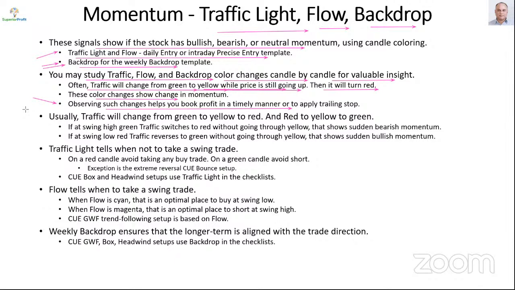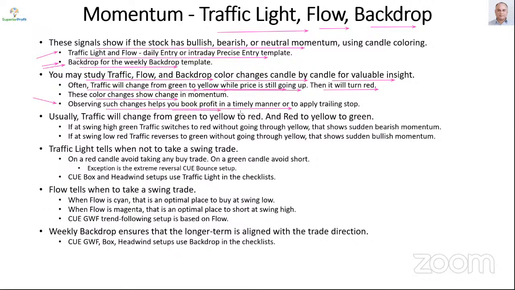But the more experienced we are, we may decide that, okay, it is a very bullish shape candle, bullish color candle, still green, well above upper boundary. I have enough cushion even for my initial profit target level. Then we may watch the color changes.